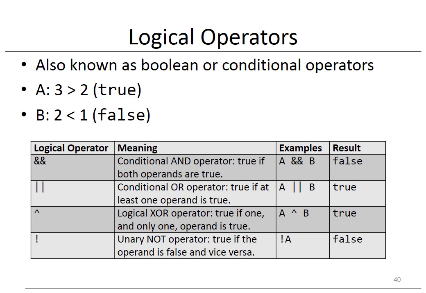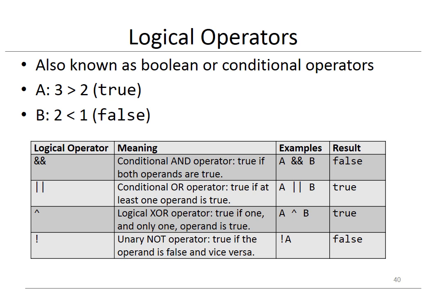The conditional OR operator evaluates to true if at least one operand is true. In our example, A or B evaluates to true. The logical XOR operator evaluates to true if one and only one of the operands is true. In our example, A XOR B evaluates to true.